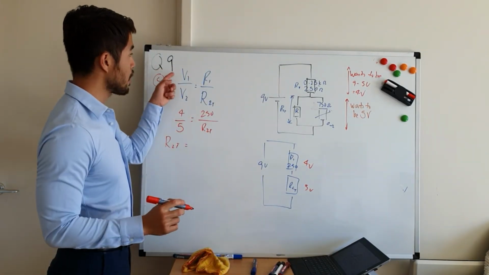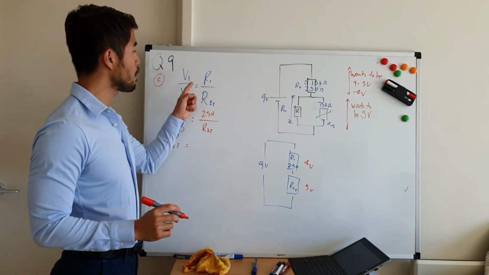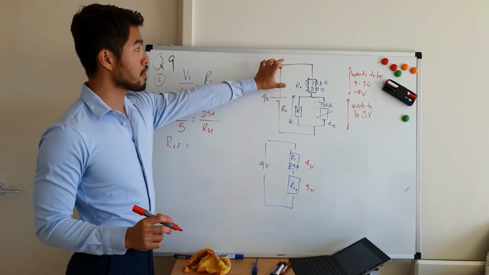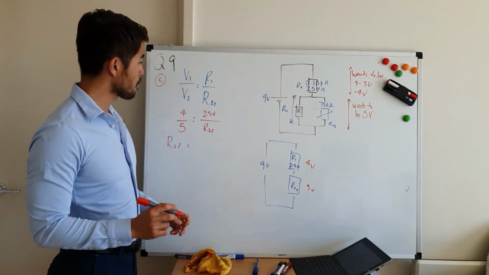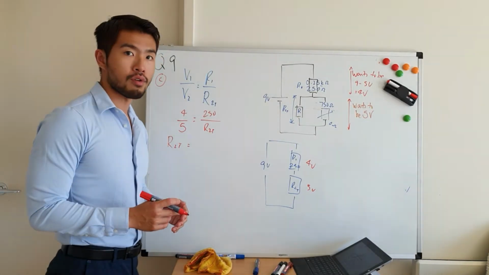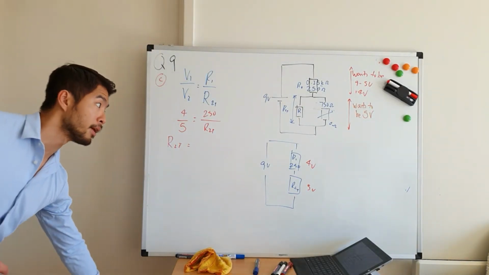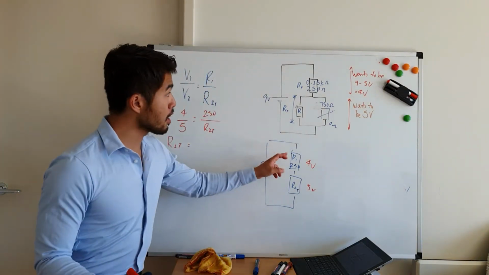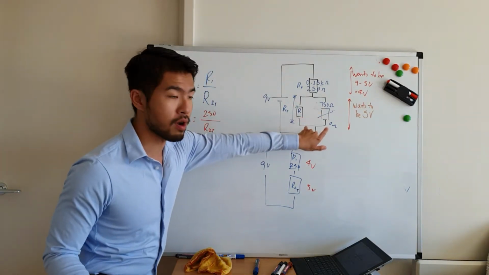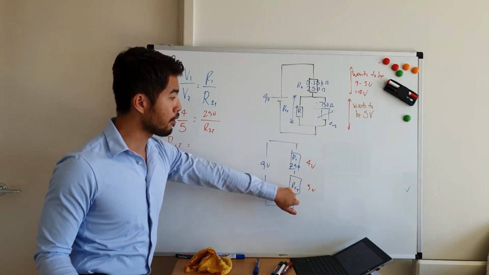So we know that V1 over V2 equals R1 over R2 total. This is V1, this is V2. I'm going to redraw the circuit so it's much simpler. This is the combination of these two resistors. I call this R2 total.